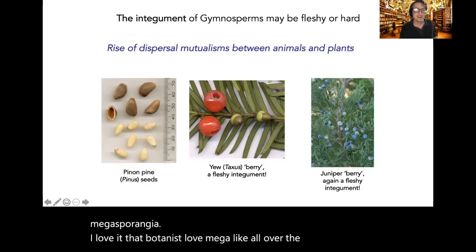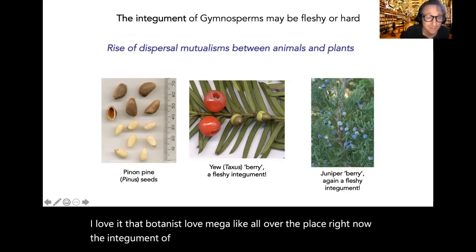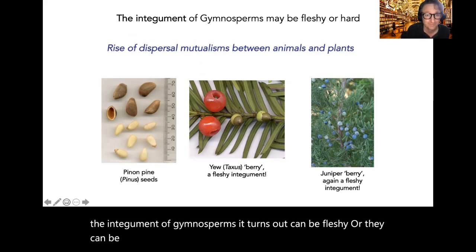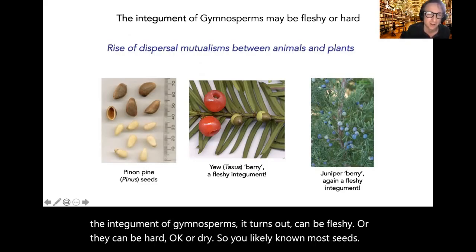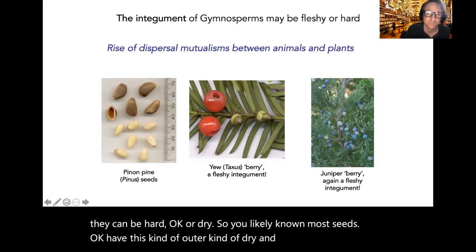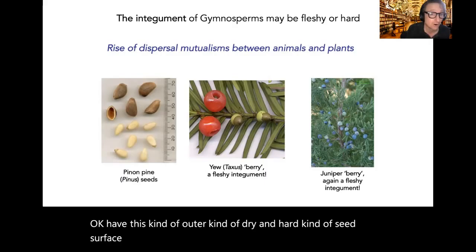All right. Now, the integument of gymnosperms, it turns out, can be fleshy, or it can be hard, or dry. So you likely know most seeds have this kind of outer, dry and hard seed surface. That's a hard, mature integument.